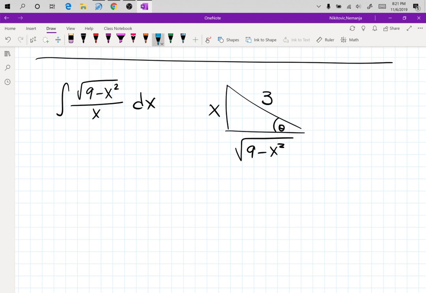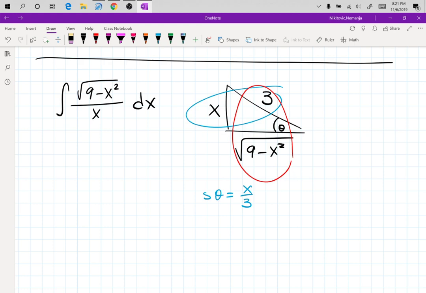Now we're going to have the blue and the red pair. The blue pair is cosine. Cosine theta is x over 3. Isn't it sine? That's what I said. I'm just checking if you're paying attention. Very good. X equals 3 sine theta, and immediately dx is 3 cosine theta d theta.